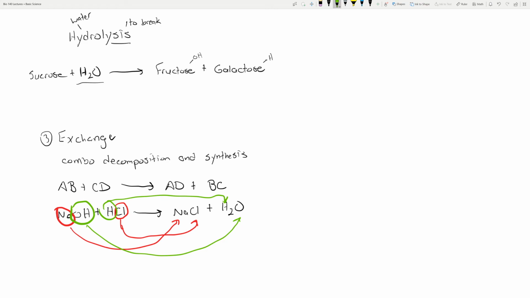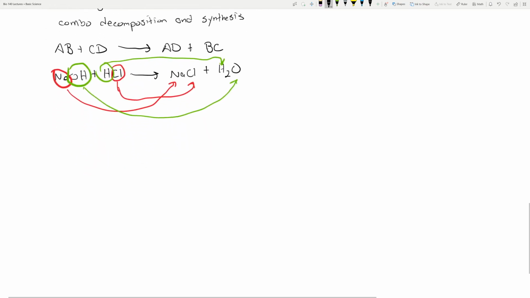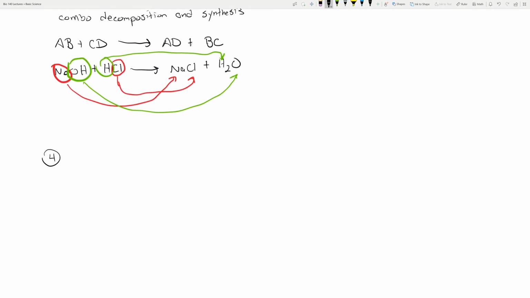And then finally we have what's called reversible reactions, which actually is the majority of all reactions. Reversible means it can go both directions. So if I have reactant AB, it forms A and B, and it can also go back this way and make AB.